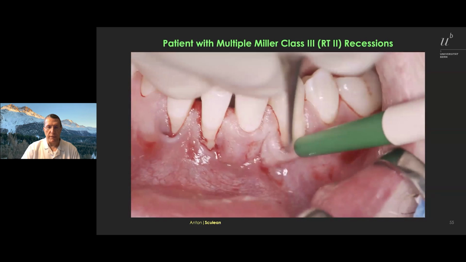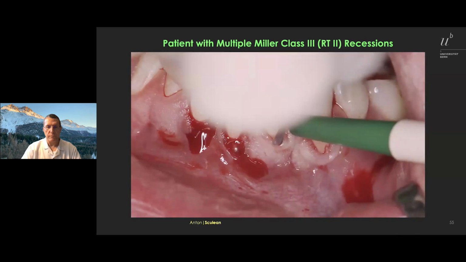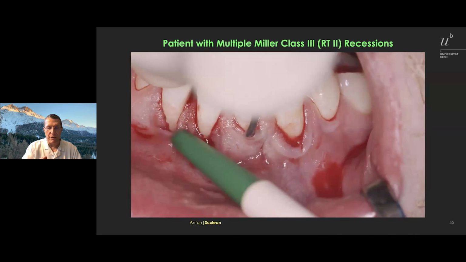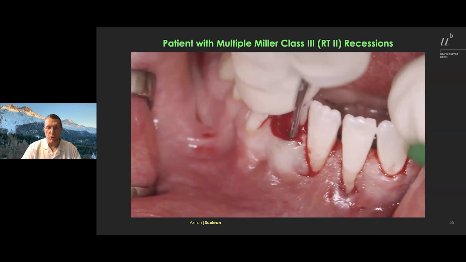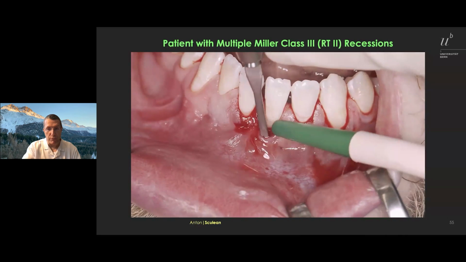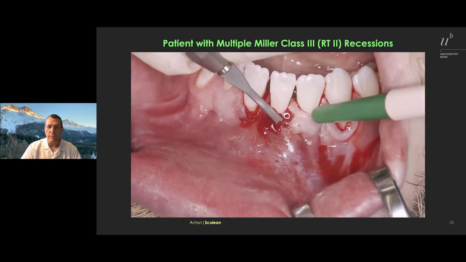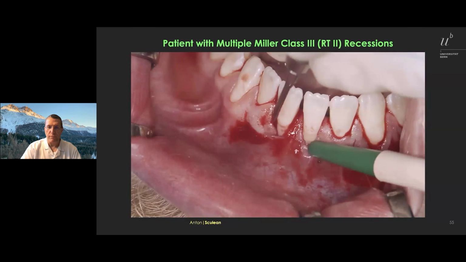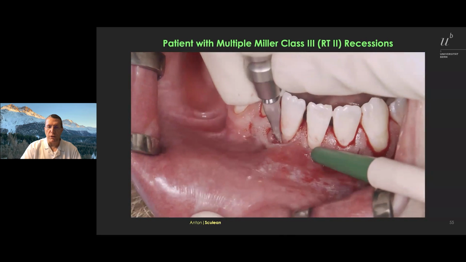I lift the papilla. Look at the invagination that we have. This is very dangerous because it can perforate very easily. You see this invagination between the canine and the lateral incisor. It is very important to release also the muscles.